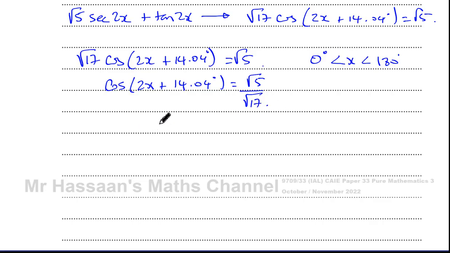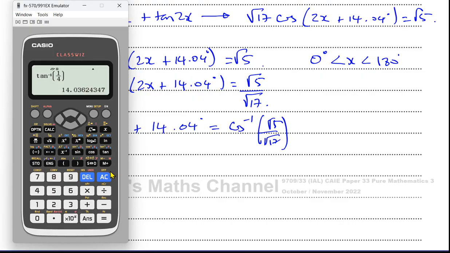And to find the solution, first we'll get the principal solution, which will be inverse cosine of both sides. Inverse cosine of this side gets rid of the cosine, and the inverse cosine of this side, inverse cosine of root 5 over root 17. What will that give us? Well, let's have a look. Take a calculator. We have to be in degree mode.